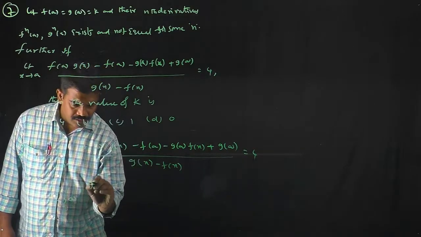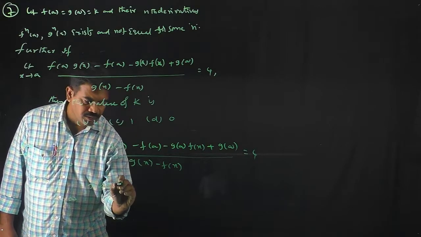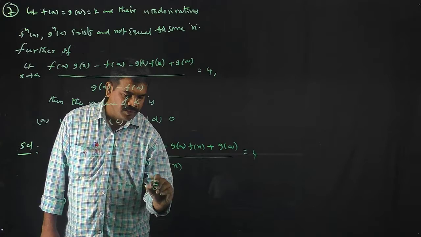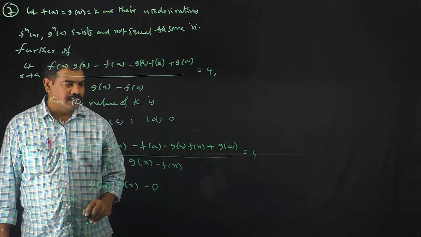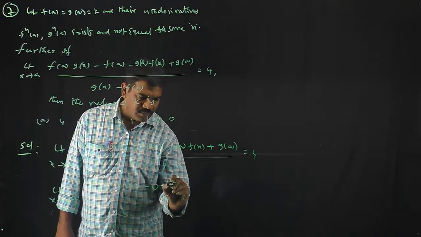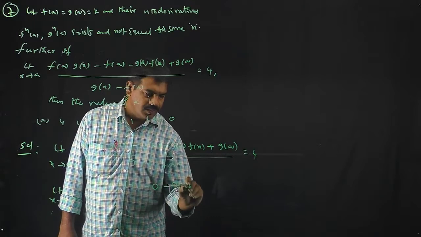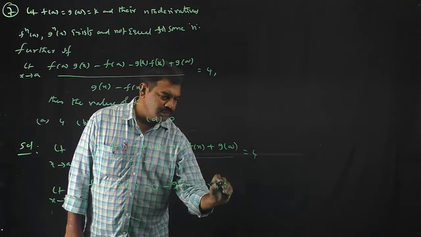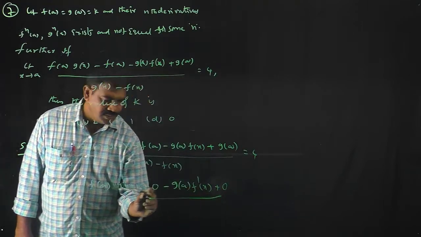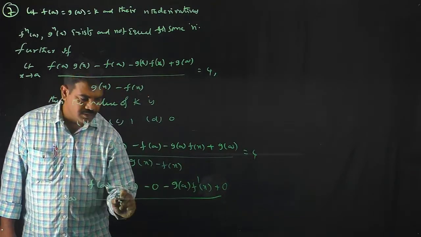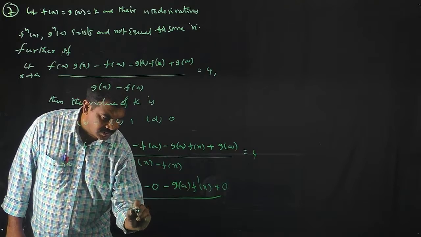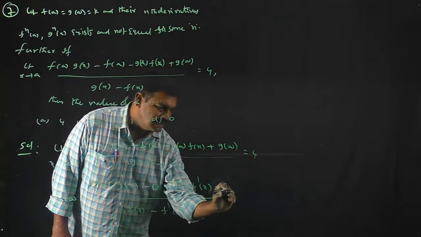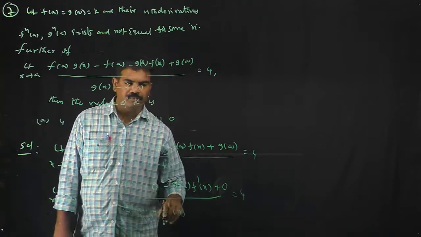That is f of a into, g of x derivative is g dash x, minus derivative of constant, f of a is constant, derivative is 0, minus g of a into derivative of f of x is f dash x, plus constant derivative 0, by denominator, g of x derivative is g dash x minus f of x derivative is f dash x, is equal to 4.